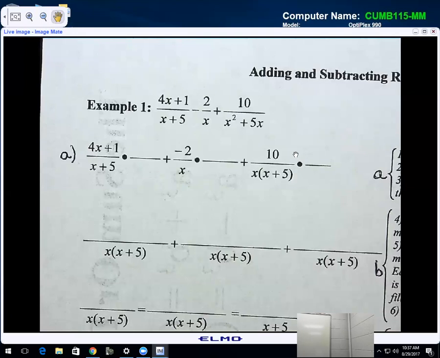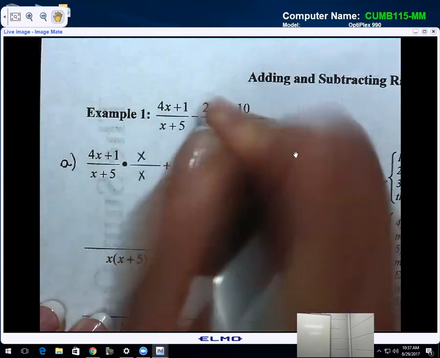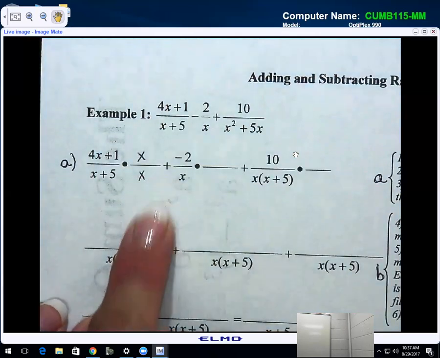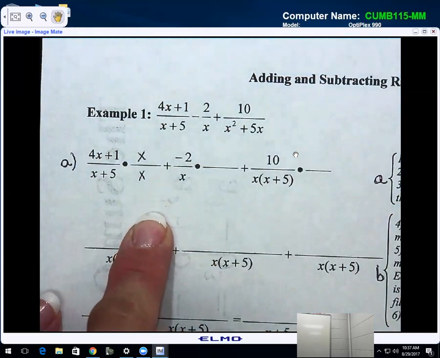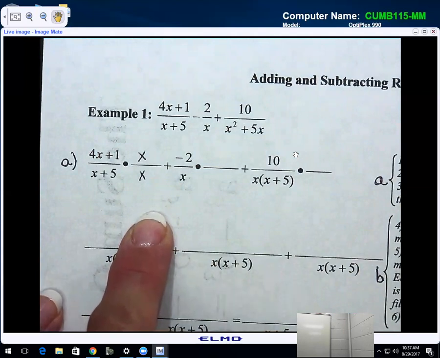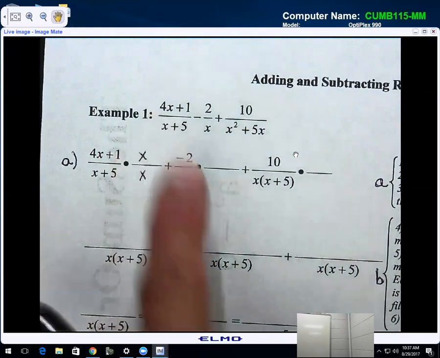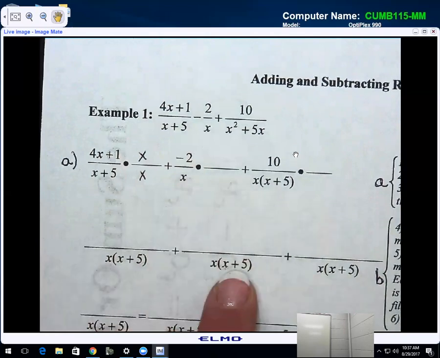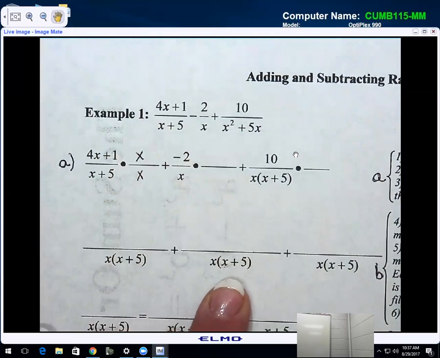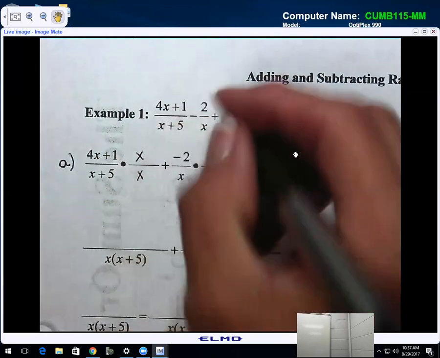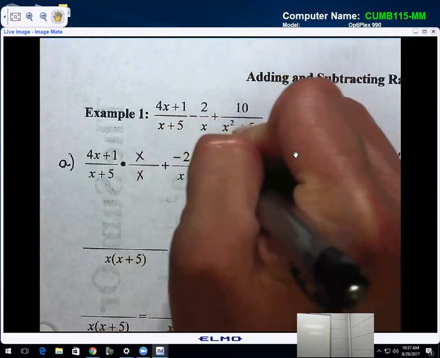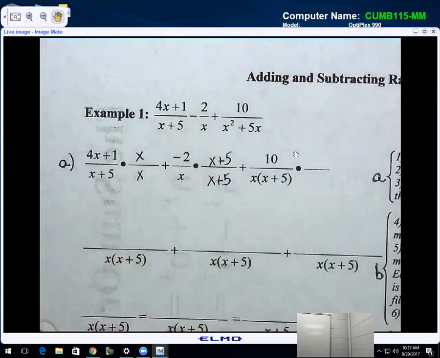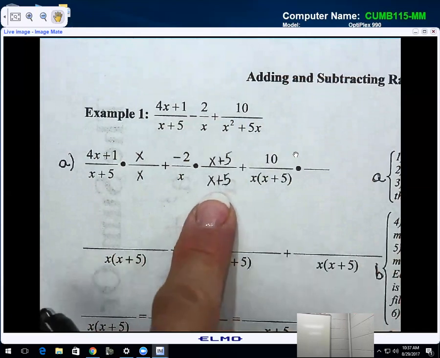It needs the x, so I'm going to go back in and put an x over x in the first blanks for step A. What do I have to multiply the second fraction by to make it have that LCD? It needs the x plus 5. I'm going to go back to step A and put x plus 5 over x plus 5 in that second blank.